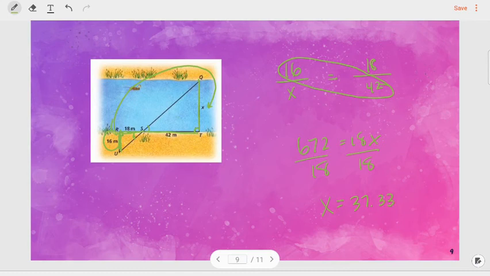We'll round again to 2 decimal places, so 37.33 meters. And without having to walk across a bridge or trample through that stream, okay, I know how wide that is.